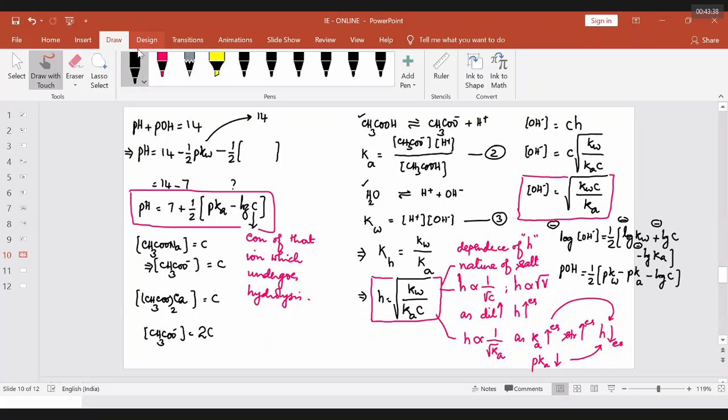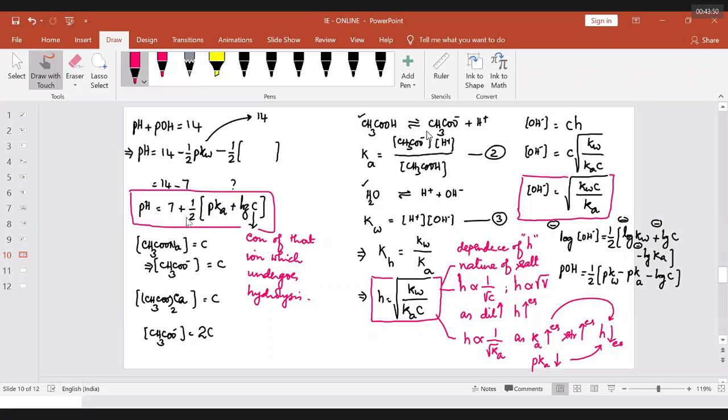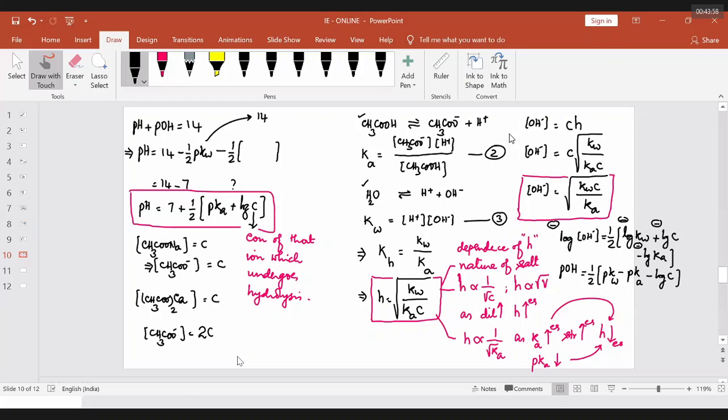Very good. And where is my concentration? My concentration is this plus, right? Why? 7 plus something. We are discussing 7 plus something. Therefore, the pH value will always be more than 7. Go ahead. Very good.